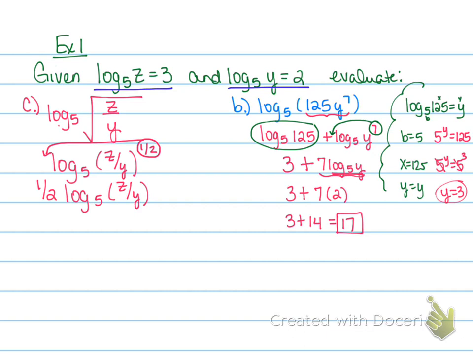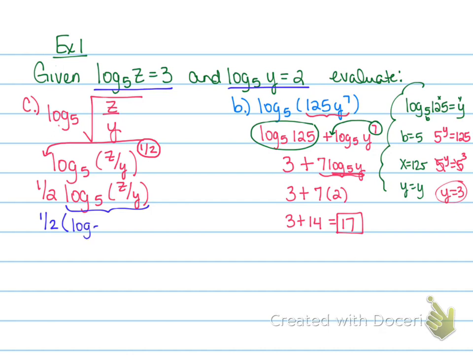And then we can work on the log part here. We know we have 1/2 times, but these are going to separate into two different things, and it's 1/2 times both of them. So what I'm going to separate, I'm putting in parentheses, and then I'll worry about the 1/2 in a little bit. Alright, so because z is being divided by y, when we divide to separate it, to expand it, we're going to subtract.